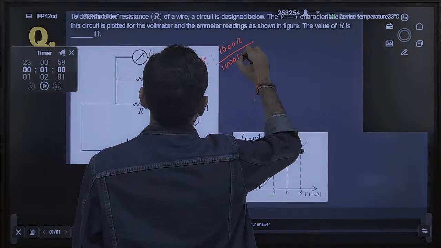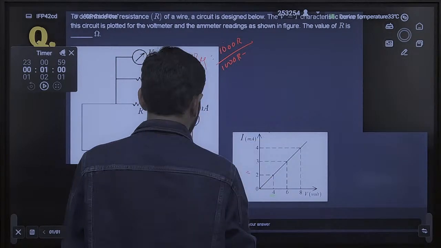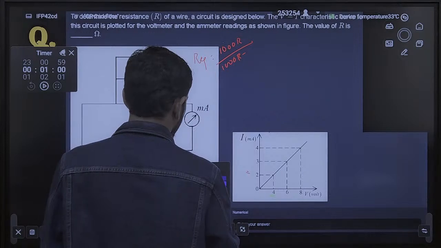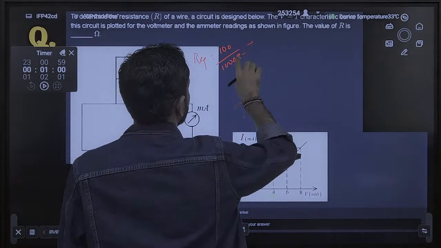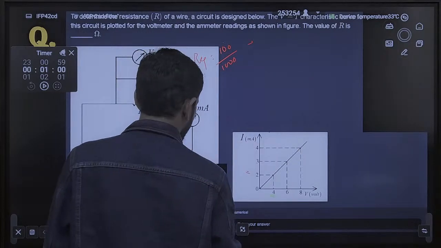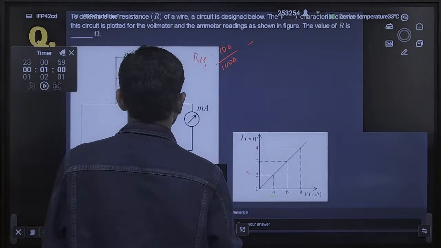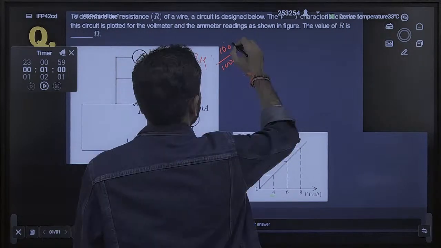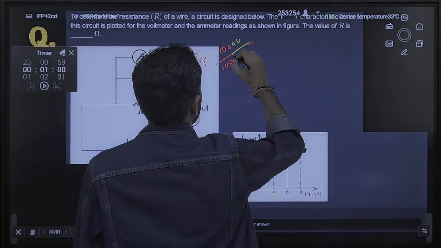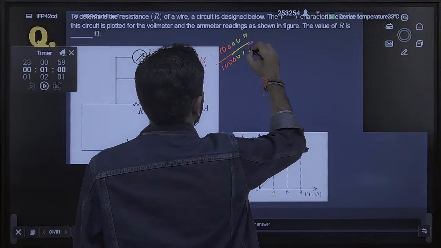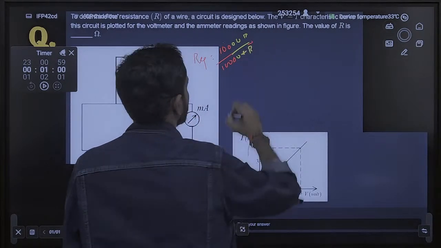Sorry, not 1000 R, 1000. 10 that is 10,000. This will be the equivalent resistance.